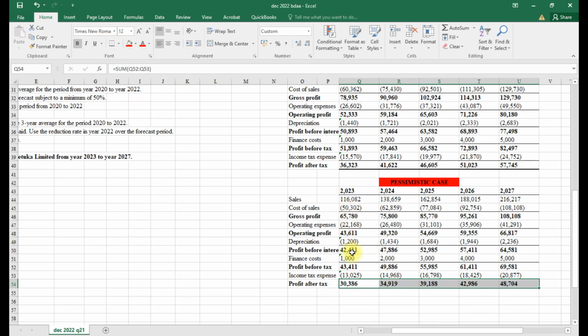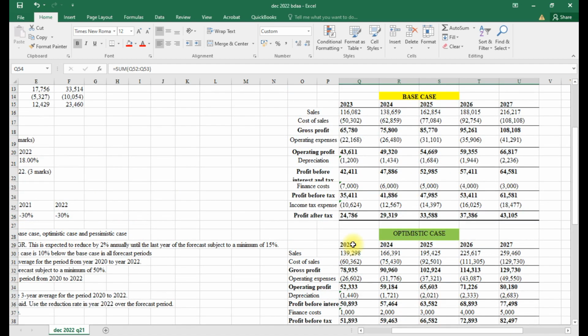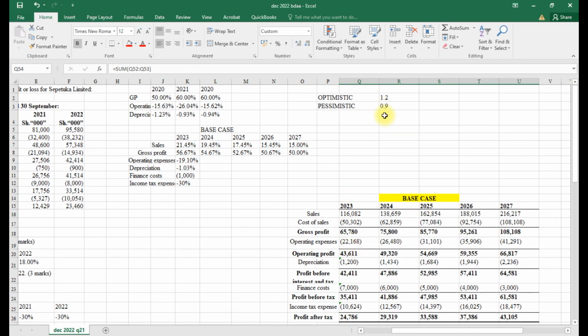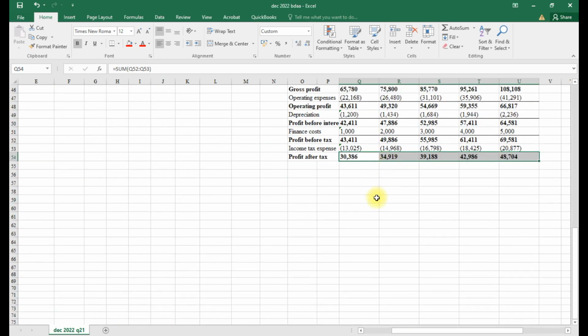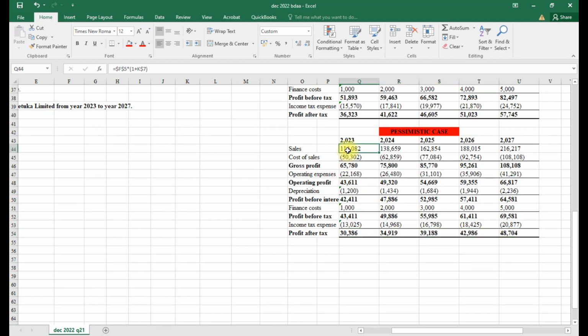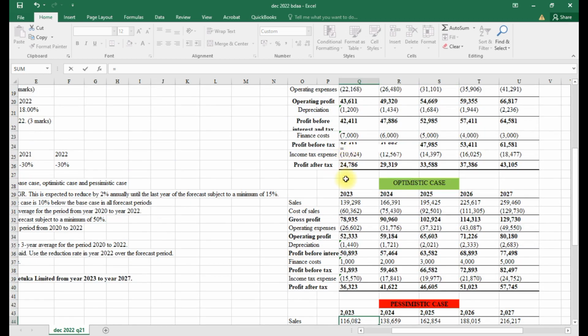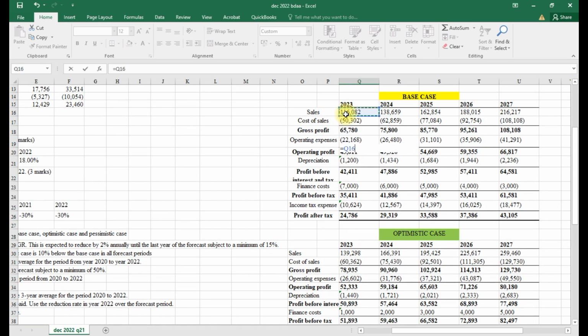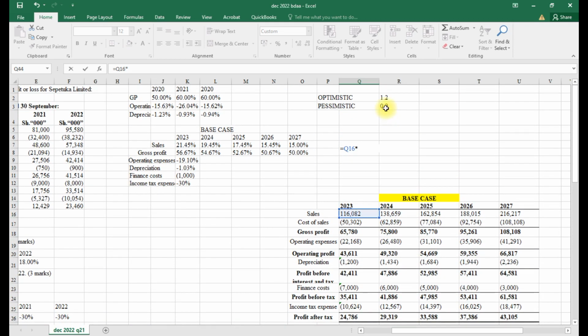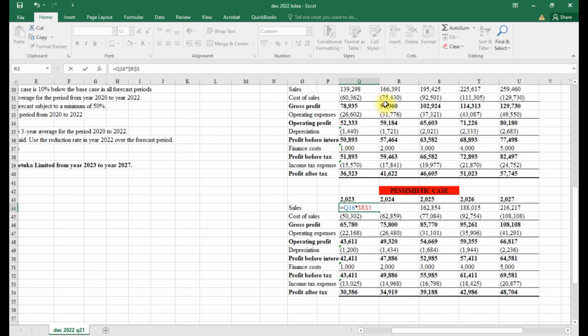Then I will change. For the pessimistic, it was reducing by 10%, which gave us 90%. So I'll eliminate this, and I will put equals to the one for year 1, the base case, and multiply by 90%, and I will fully lock this with F4, and I enter that way, and I will drag this.